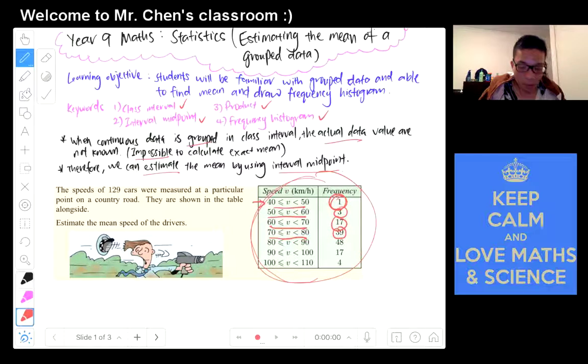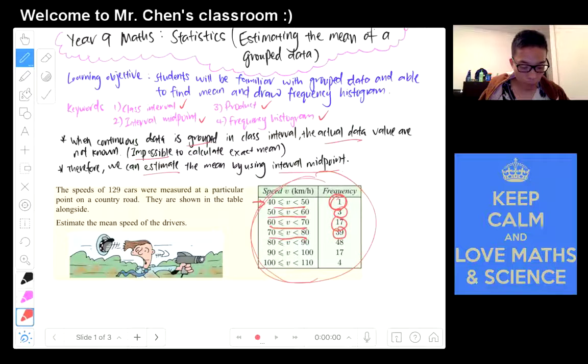Since this is the only table that has been provided, you don't actually know the exact value. You don't know the exact speed of that one car traveling between 40 and 50. It could be 42, could be 45. It wasn't given, but it still won't stop us from finding the mean.